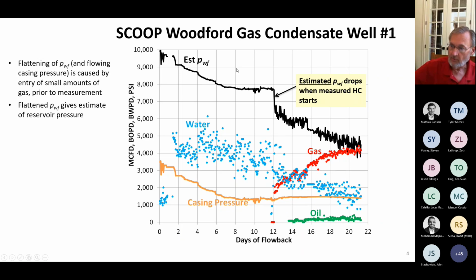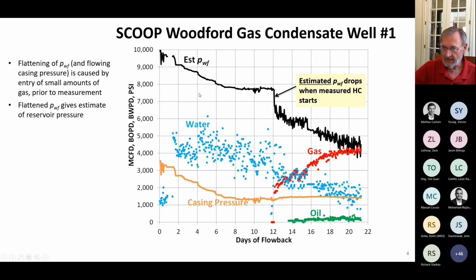So if you don't have that initial period of water only flow, and you're really starting at this point where you have first measured hydrocarbon, you can estimate a bottom hole flowing pressure there, but you know that's going to be slightly below the reservoir pressure because you've got, in this case, enough drawdown to produce 1.7 million a day. And this would have been from a 5,000 foot well.